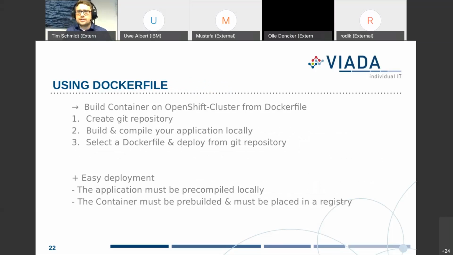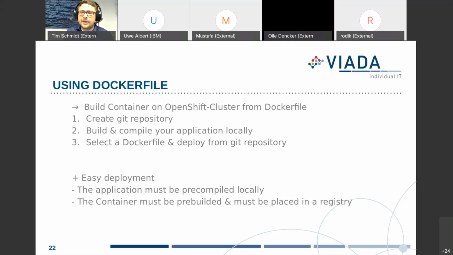The third one is using the Dockerfile. So you can build the container on the OpenShift cluster from the Dockerfile. For that, you need a Git repository, but you have to build and compile your application locally and push it into the Git repository. After you do that, on OpenShift you select the Git repository and the Dockerfile, and you can deploy it easily from the Git repository because the standard Dockerfiles are already contained in the standard Quarkus project. But I will show you later. I think that is one of the easiest ways to deploy a Quarkus application on OpenShift.